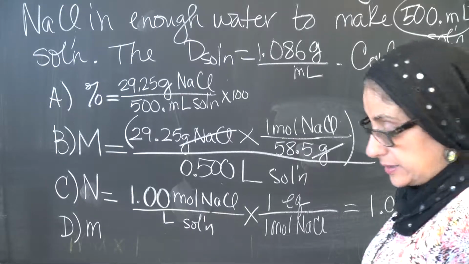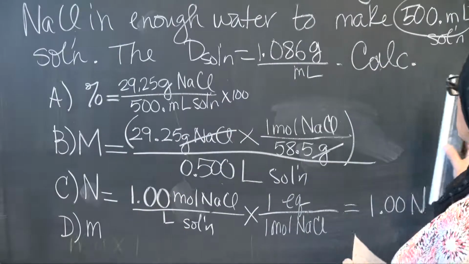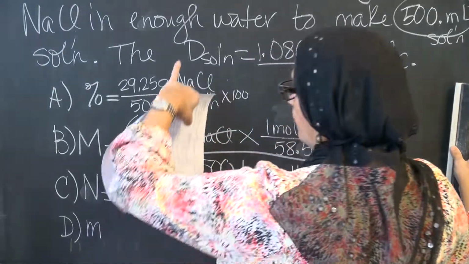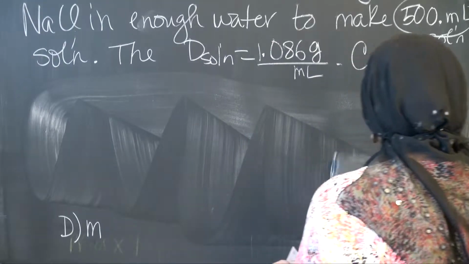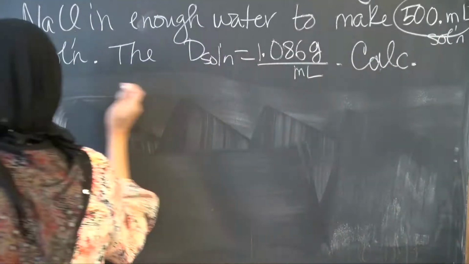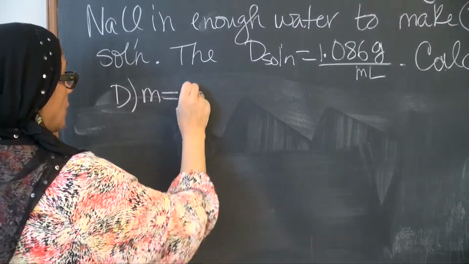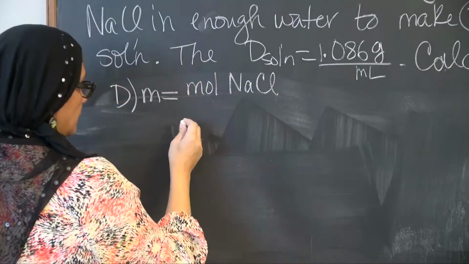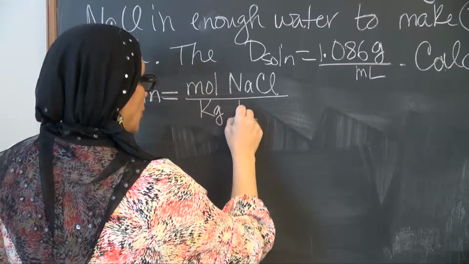Okay, lastly, well, it's not lastly because we have to do mole fraction, but let's get back to the information that we have here so that we can determine the molality of the solution. So starting off, molality is the moles of sodium chloride, which we already had before, divided by kilograms of water.